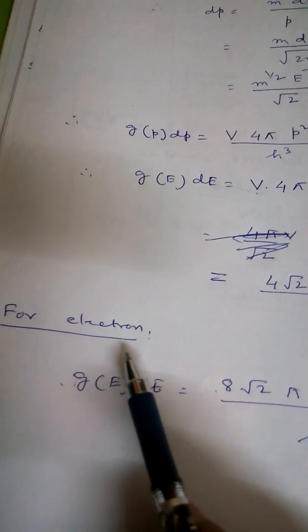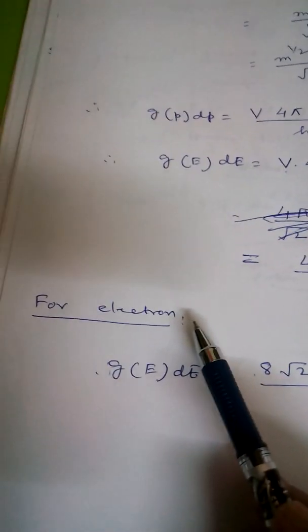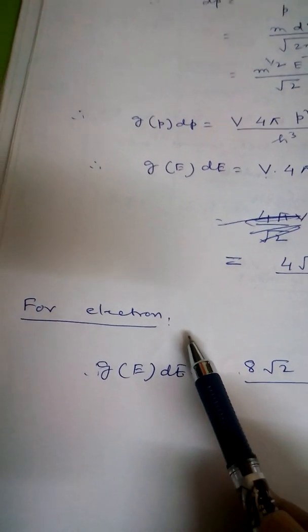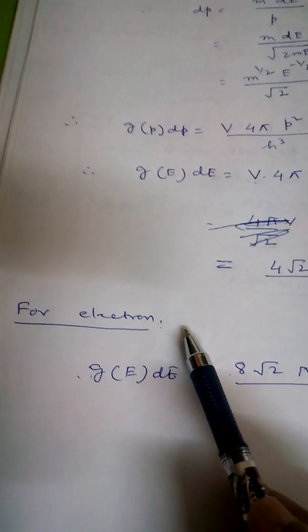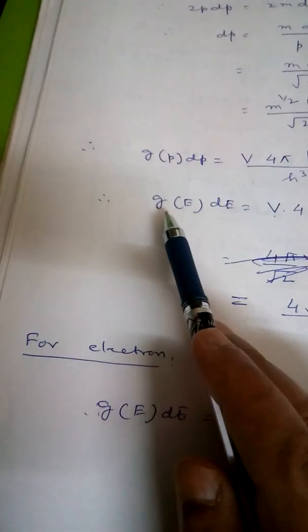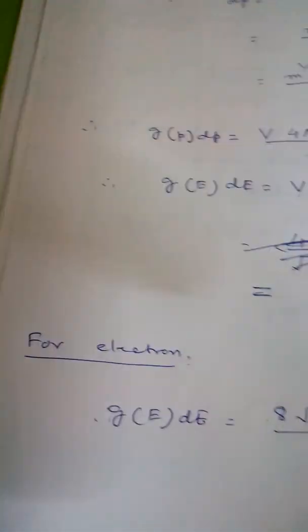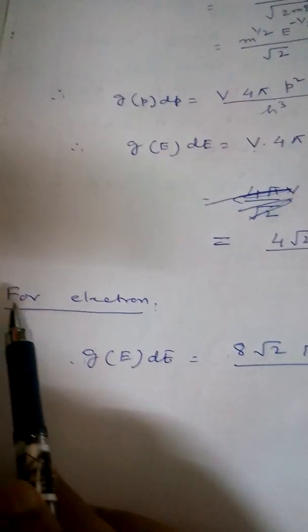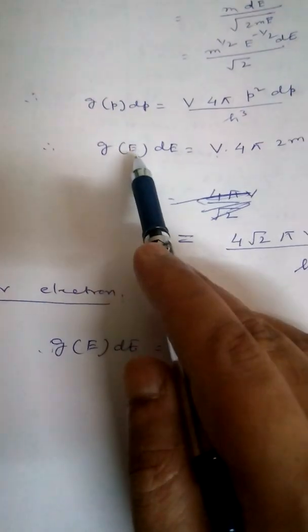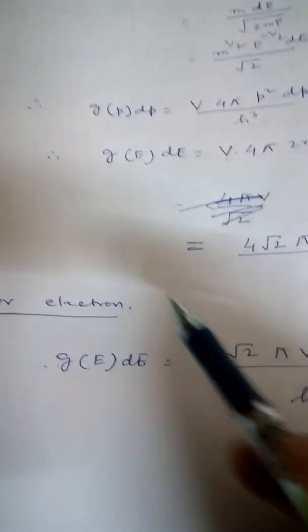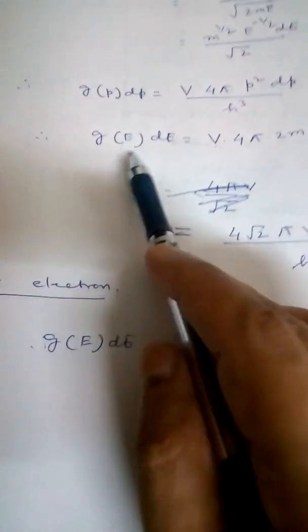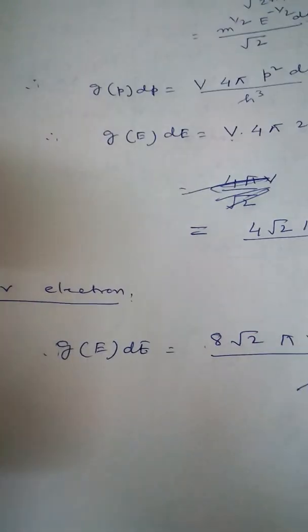Now consider electron. Electron has two states, plus spin and minus spin, that is up and down. That's why electron is a fermion. This is the expression of density of state in general, but whenever we consider electron, this expression should be doubled, as electron has two states, up and down.